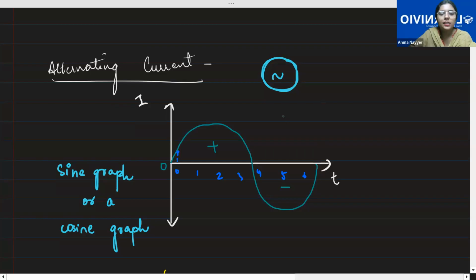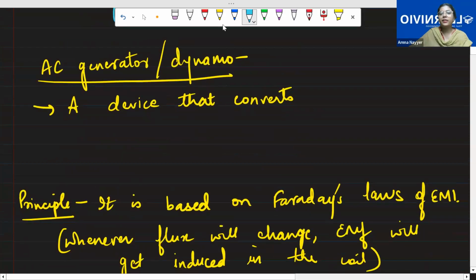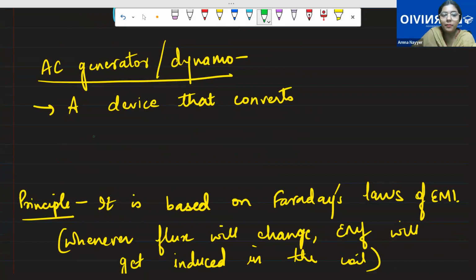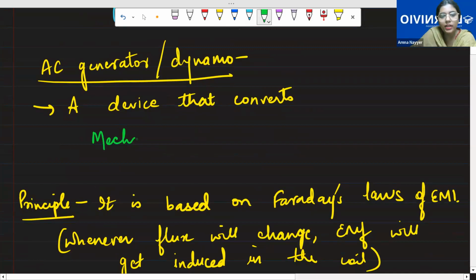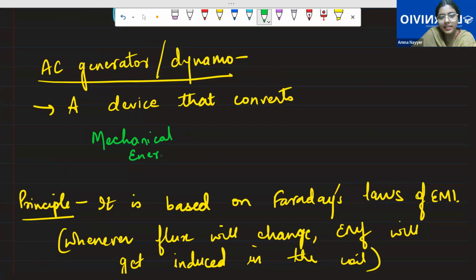Okay then. So, talking about the AC generator or AC dynamo, basically it's a device that converts the mechanical energy of the system into electrical energy.